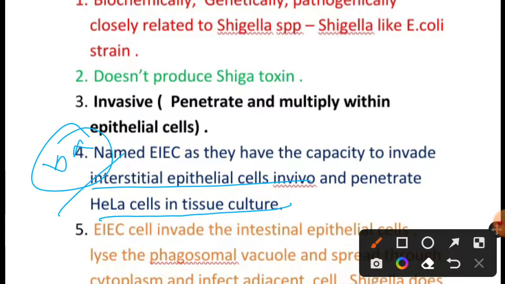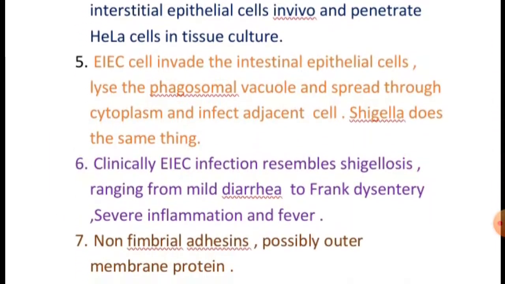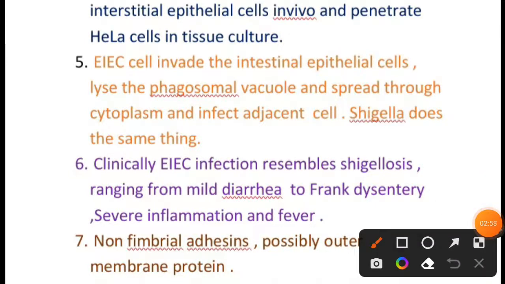They can ask which type of cell is penetrated by EIEC in vivo conditions. Your answer should be intestinal epithelial cell, and in tissue culture they can also penetrate HeLa cells.